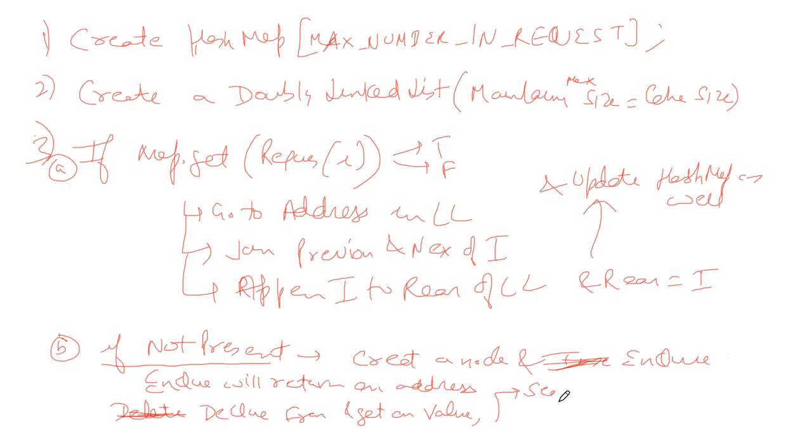After that, search the map for this value and make it null. Is it fine now? By inserting, I am updating the hash map with the new value. By deleting, I am deleting the value from the hash map. Simple. Okay, done.